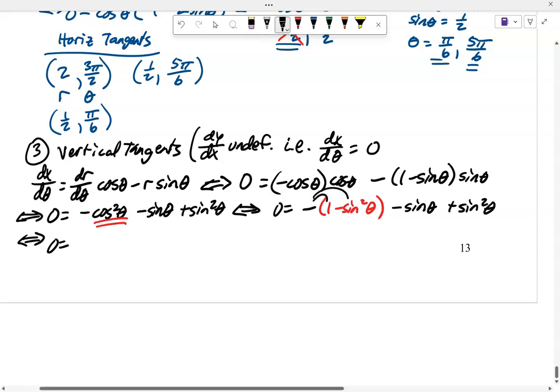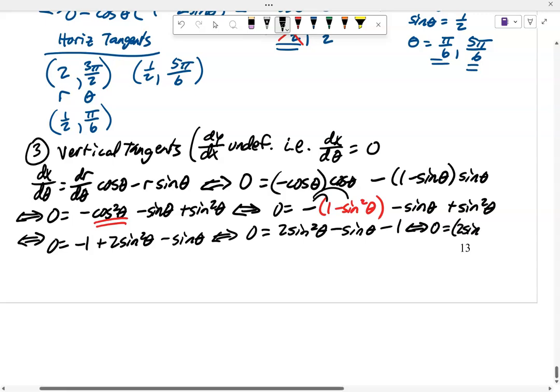Negative 1 plus sine squared plus another sine squared, so plus 2 sine squared, minus sine. So this is quadratic in form. So I have 0 equaling 2 sine theta plus 1 times sine theta minus 1.